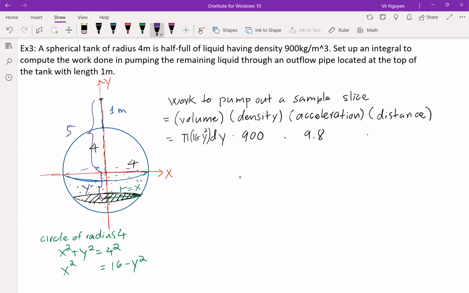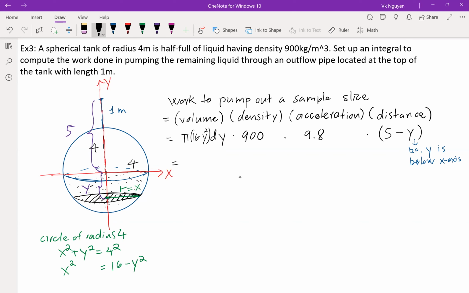So together, the distance is 5 minus y, because y is below the x-axis, so it is negative. The reason we do this is because y is below the x-axis.